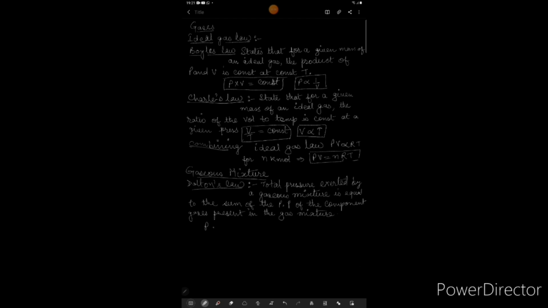How can we calculate the total pressure? The partial pressures of the individual gases present in the gaseous mixture, if we add all of them, then we find the total pressure of the mixture.